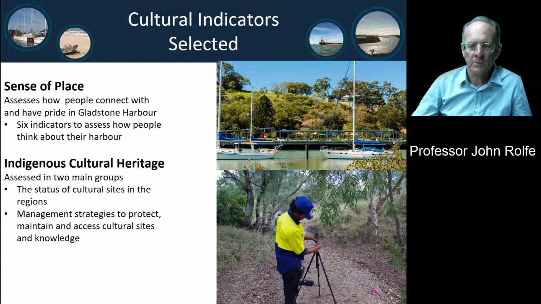So what is the physical condition of Indigenous cultural heritage sites? And secondly, it looks at the management strategies that protect those sites and allow Indigenous people, traditional owners, the ability to maintain and assess those cultural sites and maintain their knowledge.